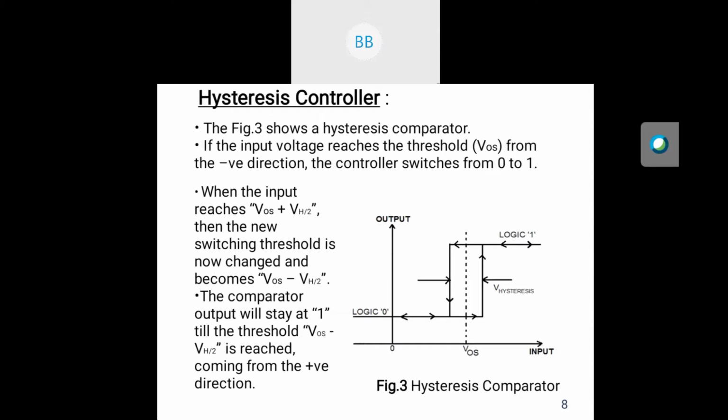The comparator output stays at 1 until the threshold VOS minus VH by 2 is reached, coming from the positive direction. Noise concentrated around VOS cannot make the controller change its state unless it exceeds the limits VOS plus or minus VH by 2.